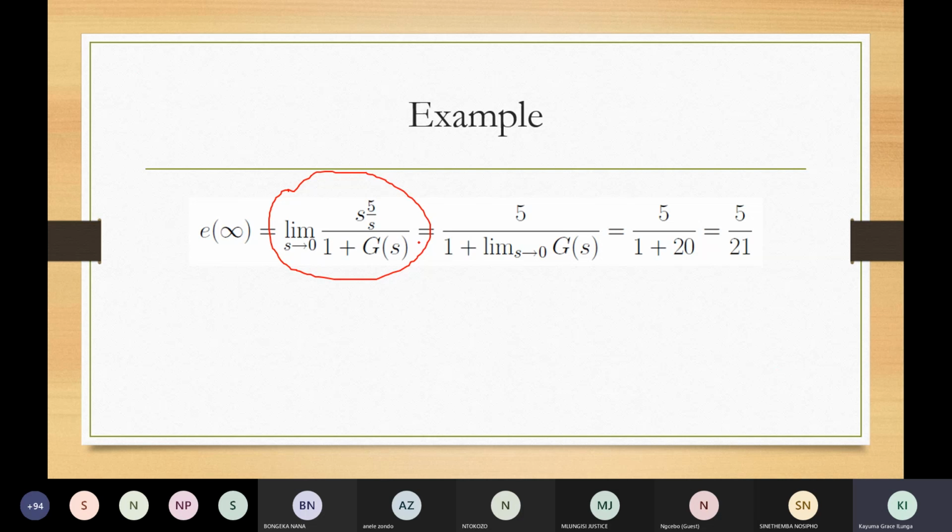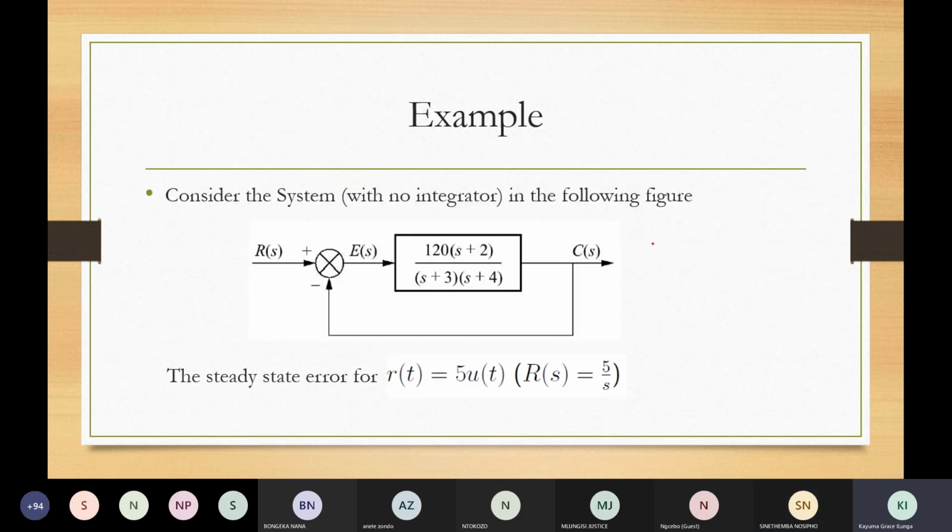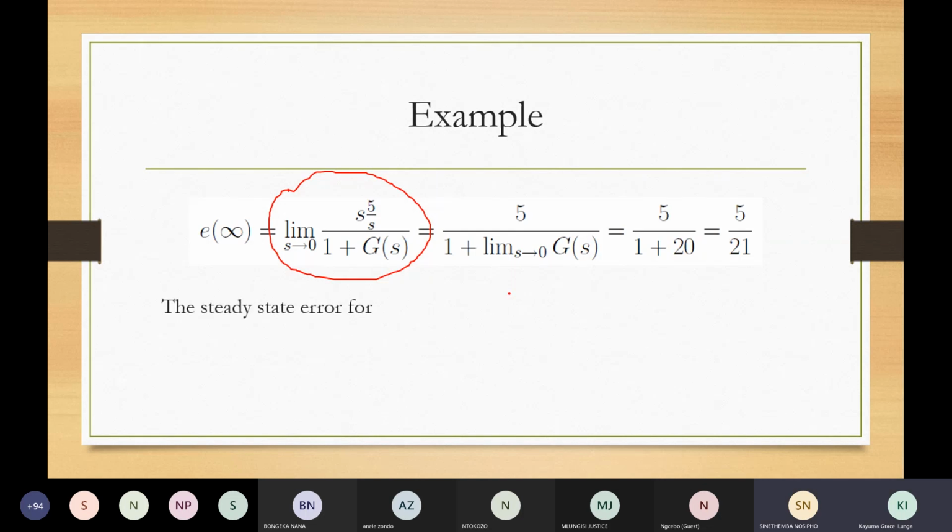On this side, the numerator is 120 (s plus 2), over (s plus 3) times (s plus 4). Okay, so this is what is in the limit.